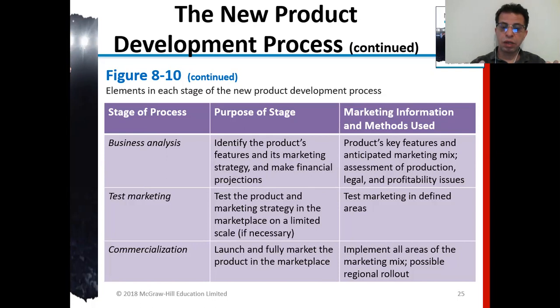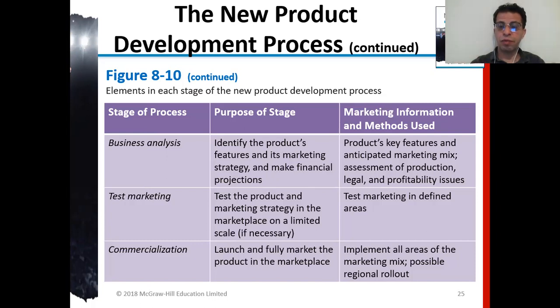You test the market, testing the product and marketing strategy in a marketplace on a limited scale, a few universities or a few places. And if it works after you test it in a defined area, then you do commercialization, which is to launch and fully market the product in the marketplace, telling everybody we have done the customization and localization, and this is our product that meets your needs, and implementing all the areas of the marketing mix.